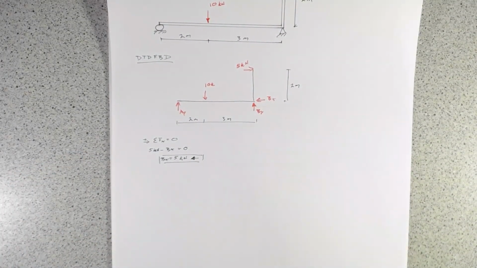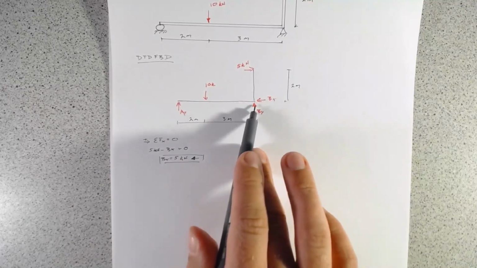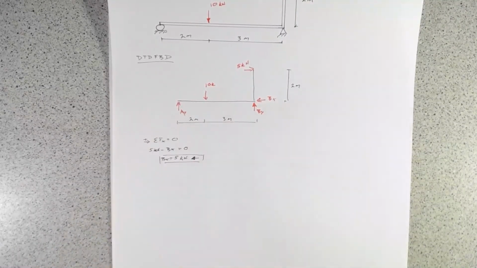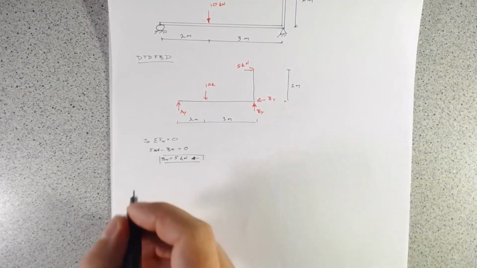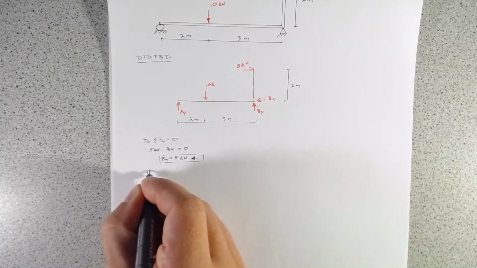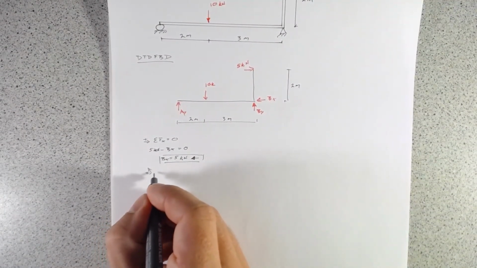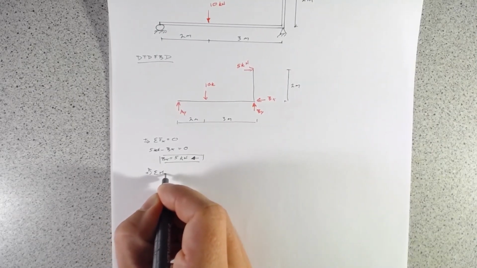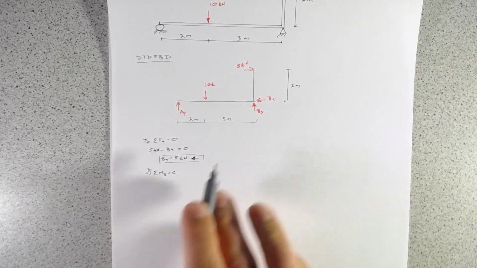Next, let's solve for AY, and we'll do it by summing moments about B, so we only have one unknown in this equation. The sum of the moments about B is equal to 0.